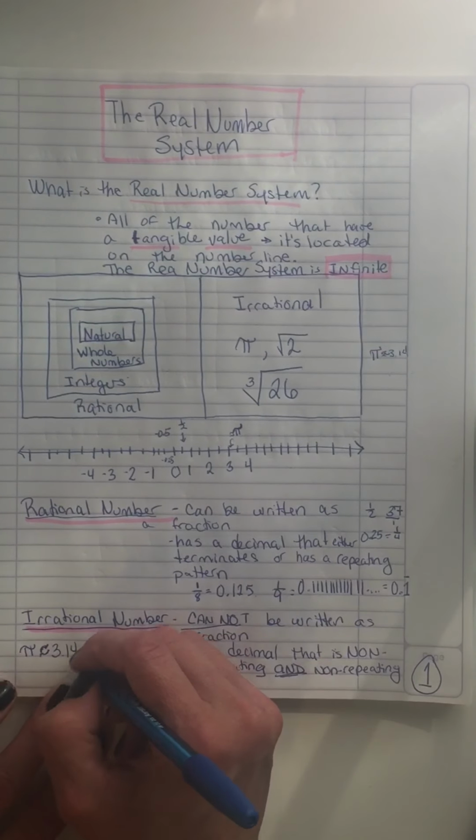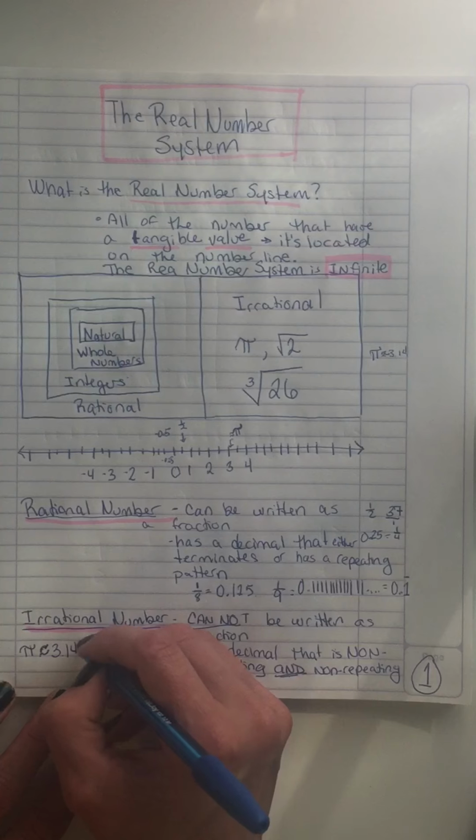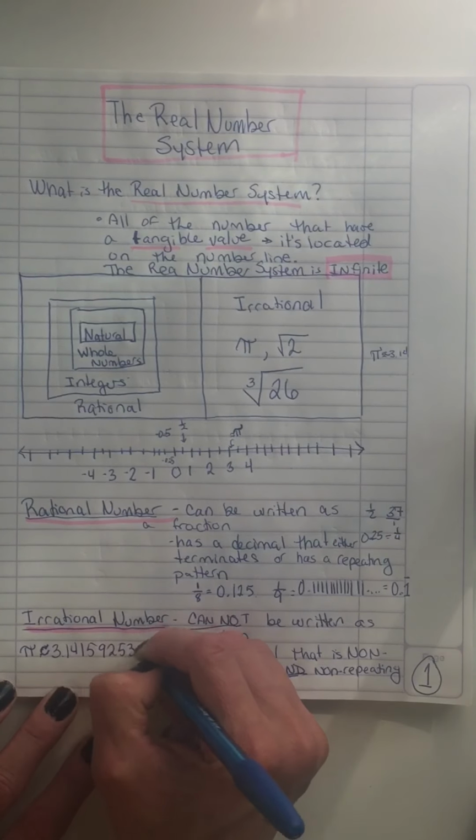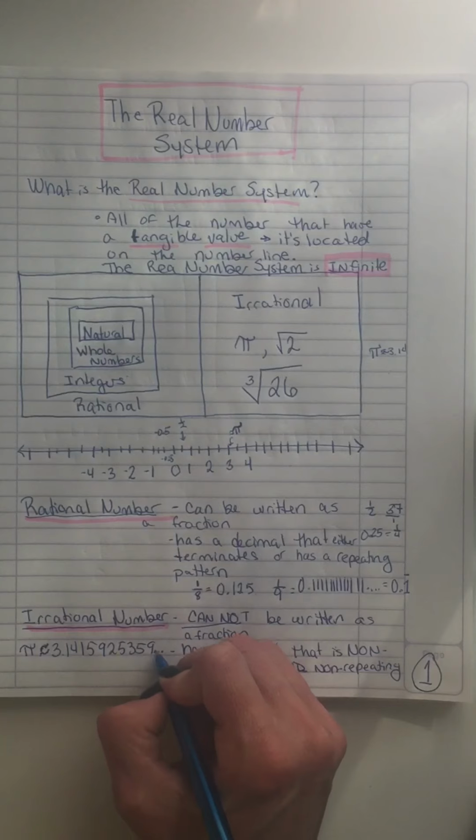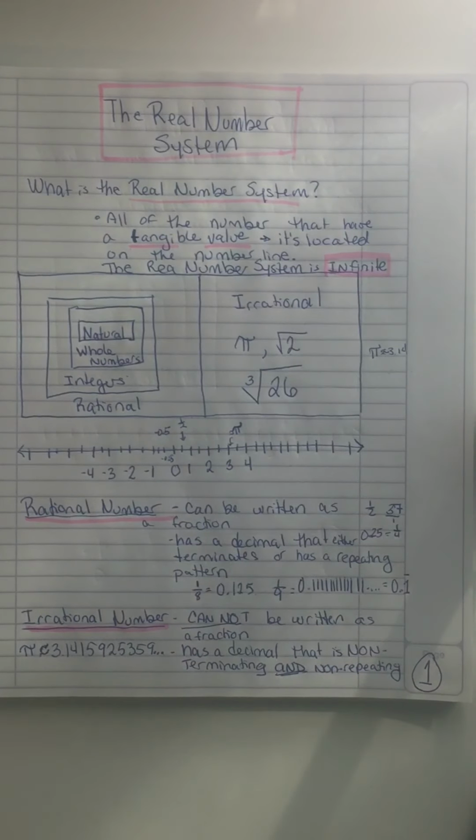The approximate value of pi would be 3.141592655359, blah, blah, blah. I'm running out of space. It goes on and on and on forever. We don't use a repeat bar here. We just use the 3 dots to show that it goes on and on forever.